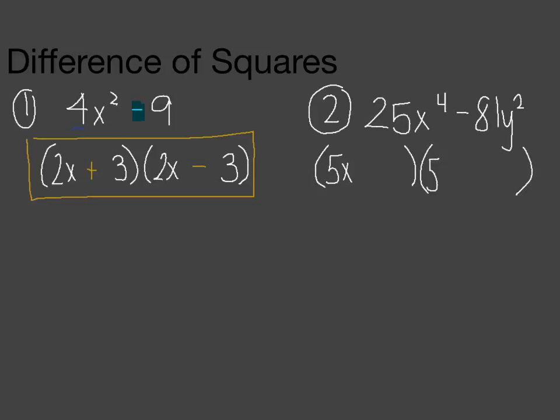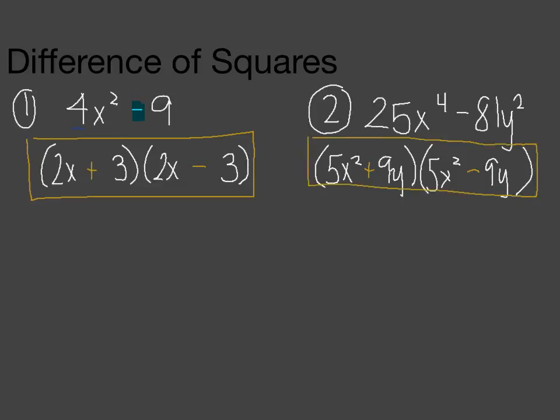X to the 4th is x squared times x squared. 81 is 9 times 9. Y squared, even though on your note card it has x's, remember any variables would work. So that'd be y1 times y1. Remember, on these, all you do is make one positive, one negative. There's your final answer.